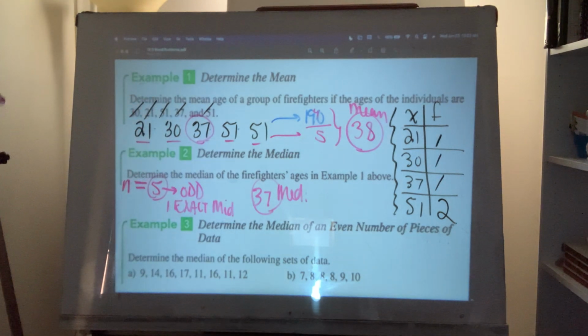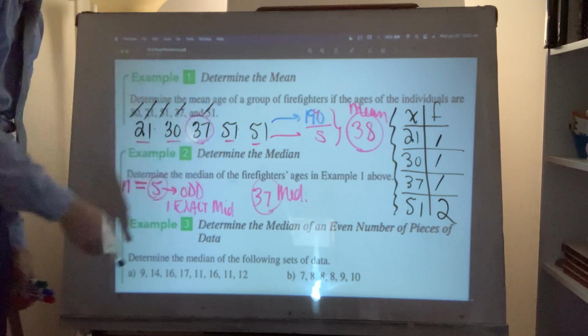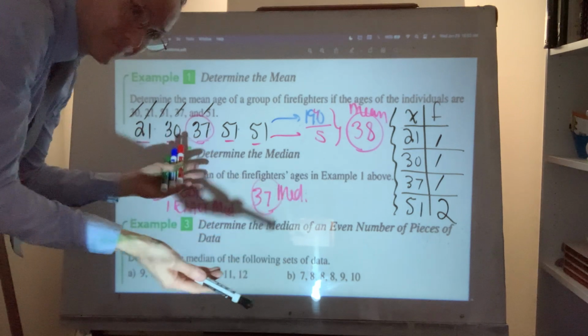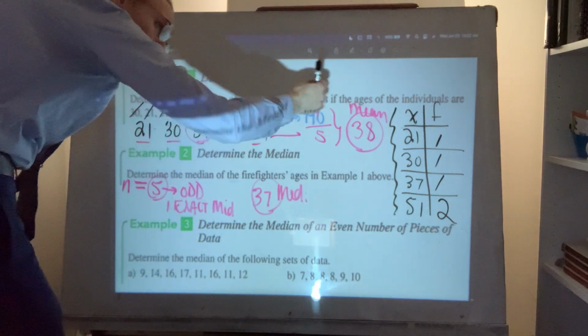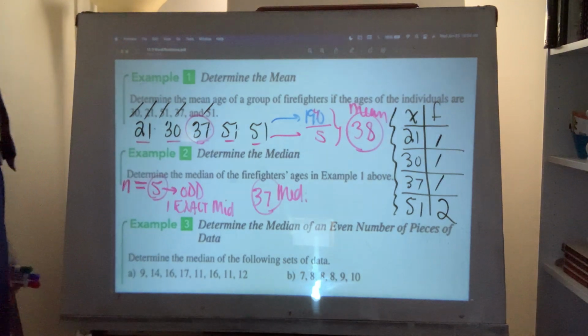In a case of just 5 numbers, it isn't difficult at all to see that's the middle. But if you had a much larger quantity of values, it's a little bit trickier and it might be easy to make a mistake.